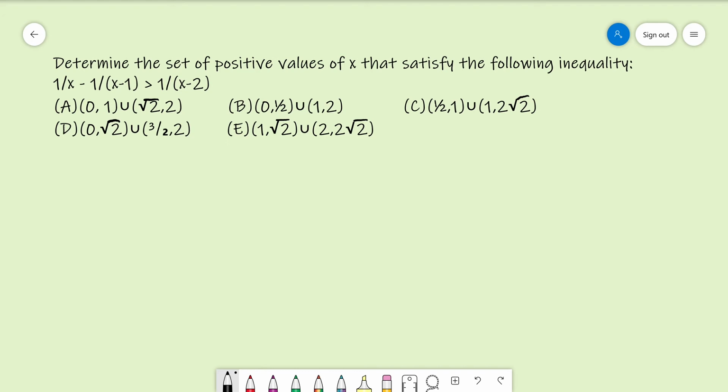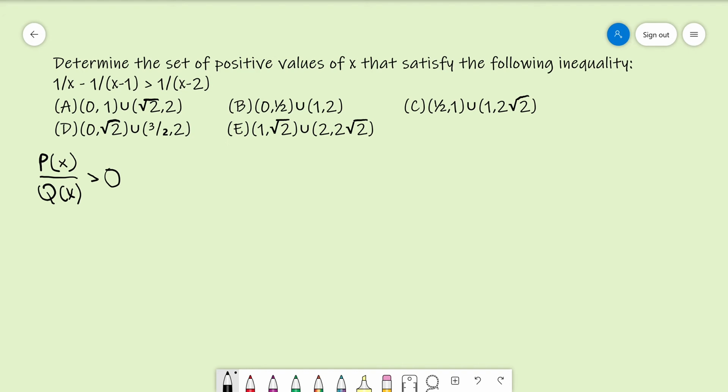Now, the trick to solving this type of question is to rewrite the inequality in the form P of x over Q of x is greater than 0 or less than 0, either way, where P and Q are polynomials, and then to partition the number line where the roots of P and Q are, and to check each of those partitions to see if the expression is positive in that partition.